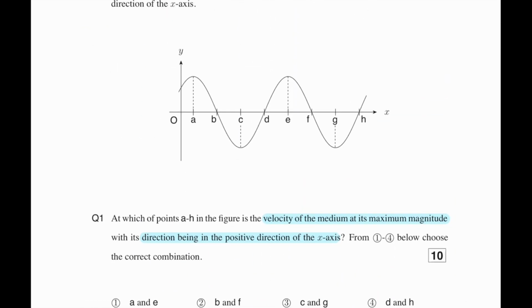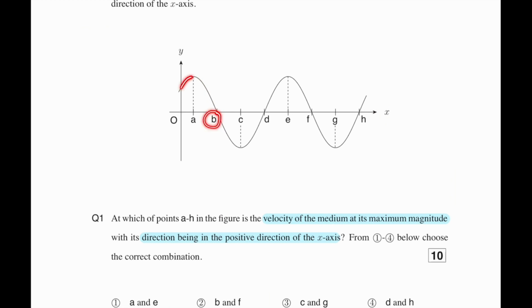So, if you see from our graph here, the particle before B is in the positive y-axis, or above the x-axis. That means the particle before B is moving in the positive direction, which is to the right.